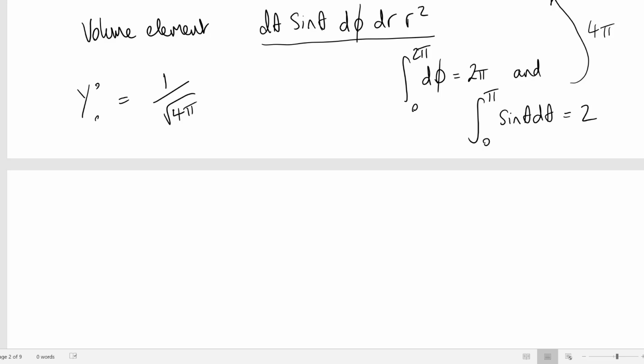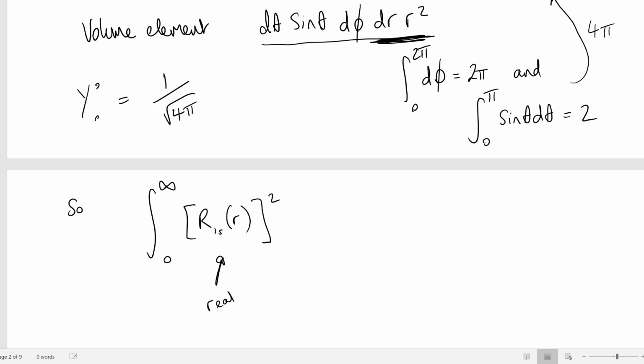But we're back to thinking about the probability of finding an electron at a certain distance away from the nucleus. So if we consider that when we're thinking about the distance from the nucleus, we're talking about this r squared term in here. What we have to do for this 1s orbital, which is a function of r, is this: it is a real function, so therefore we don't have the complex conjugate. But when we're thinking about the probability, we're going to square this function.